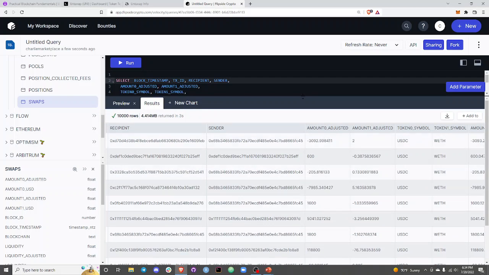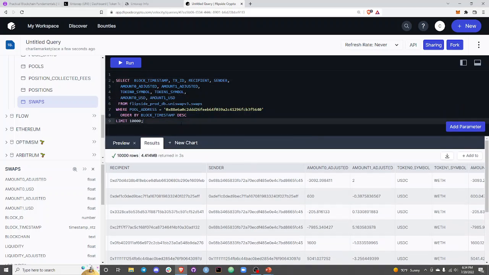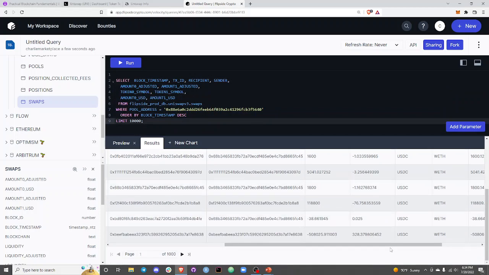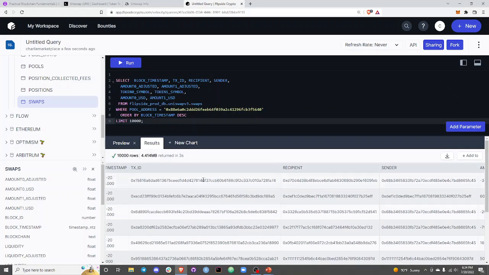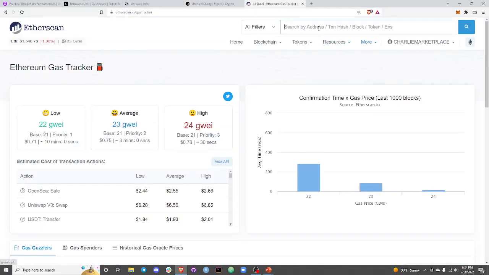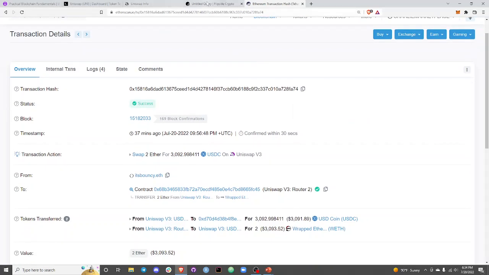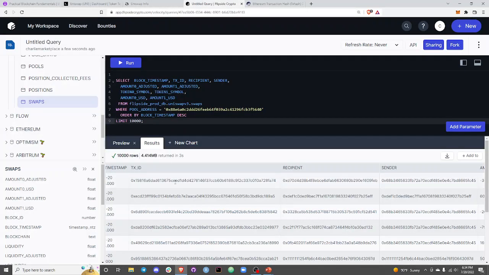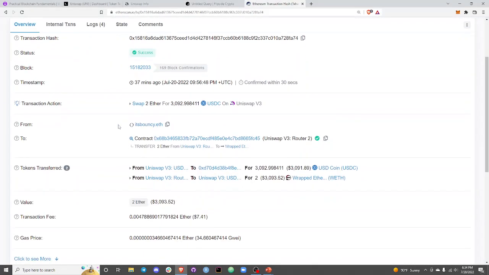Okay. Yeah. So let's go ahead and look at the transaction ID, and just make sure we understand what's happening. So this is this first transaction right here. Let's look at recipient and sender.